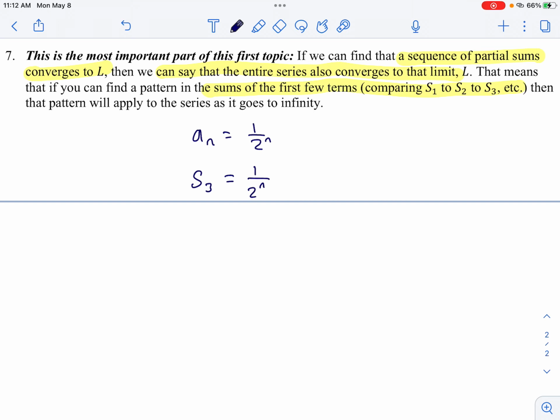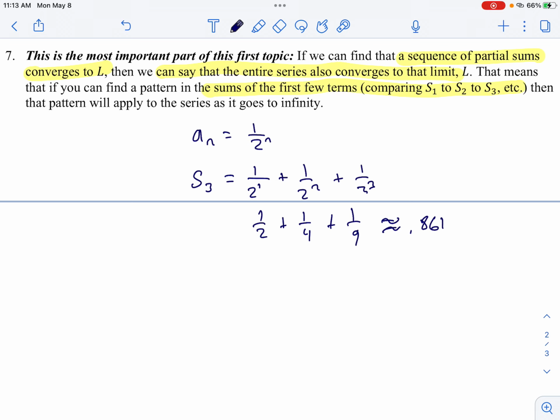So 1 over 2 to the first power plus 1 over 2 squared plus 1 over 2 cubed. So that's 1/2 plus 1/4 plus 1/9. And let's see on my calculator, 0.5 plus 0.25 plus 1/9 is about 0.861.